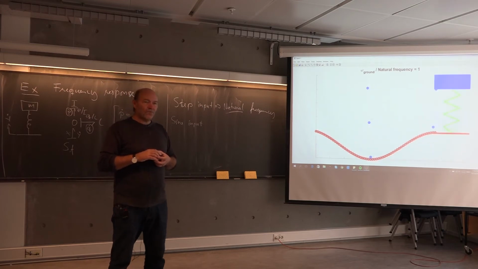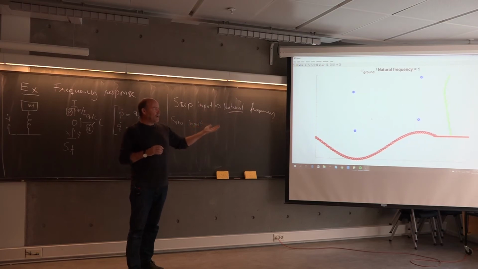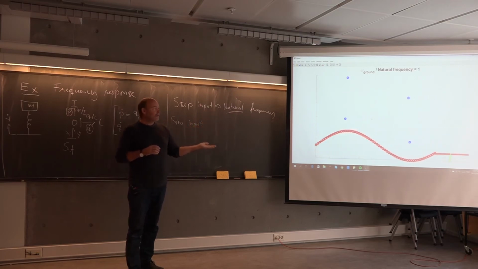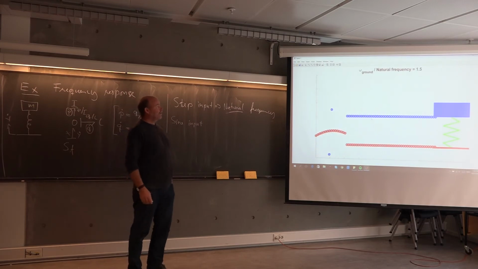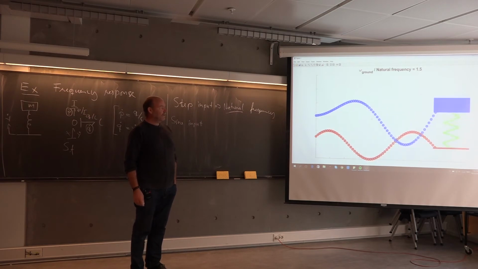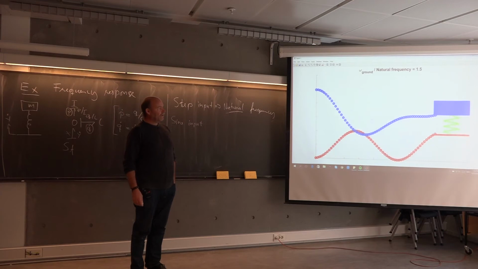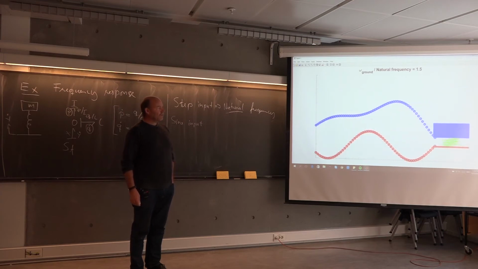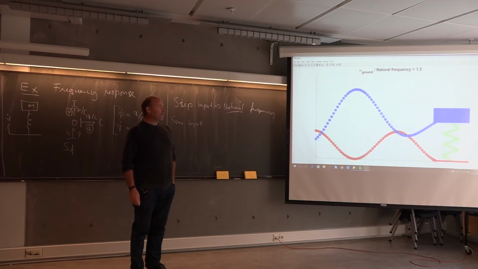So now, of course, this ratio, the amplitude of the mass divided by the amplitude of the input signal, is exploding, goes to infinity. 50% above the natural frequency, again, the amplitudes are bigger than the input amplitudes, but not too much.